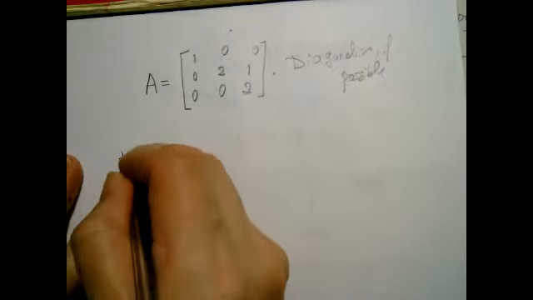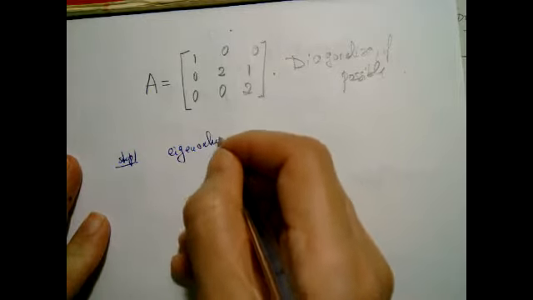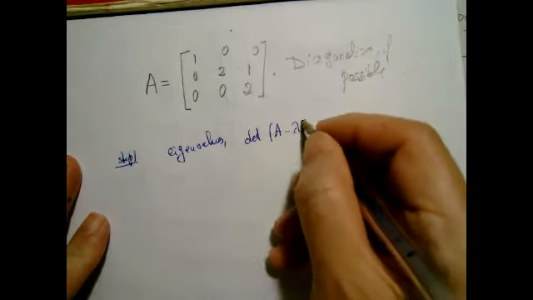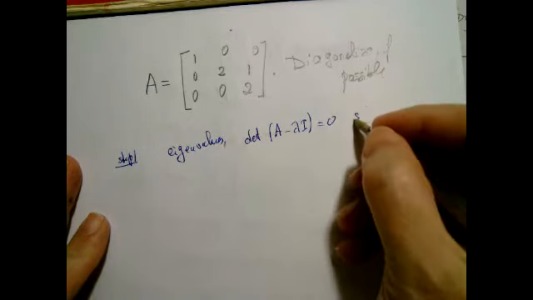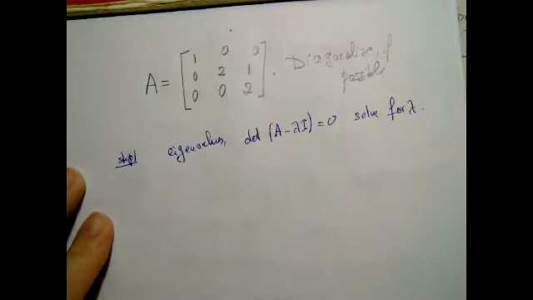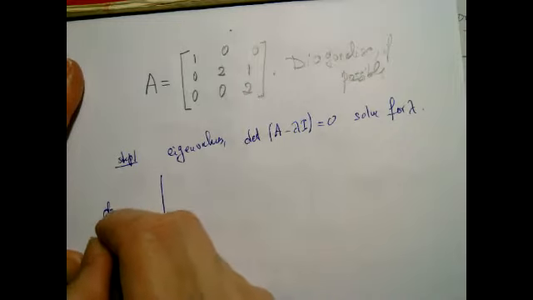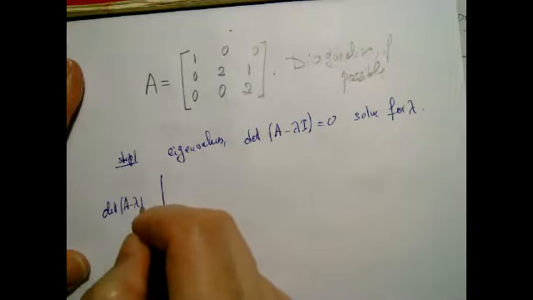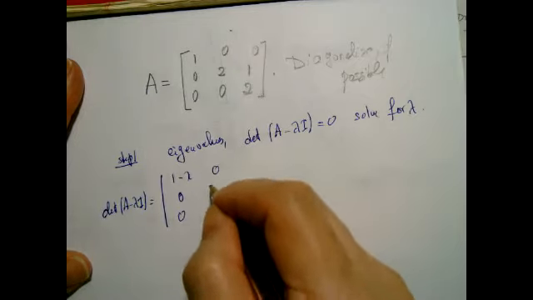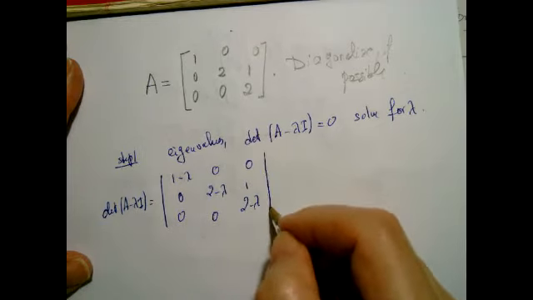So step number 1, we have to find the eigenvalues. And then we take the determinant of A minus lambda I equal to 0 and solve for lambda. Now, last time if you guys remember, this is really a very simple matrix. It's 1 minus lambda, 0, 0, 0, 2 minus lambda, 0, 0, 1, 2 minus lambda.